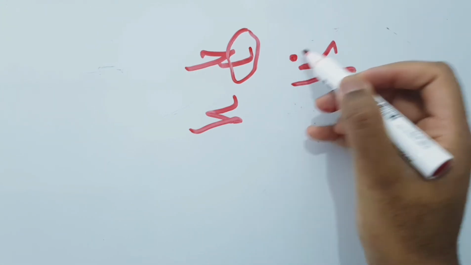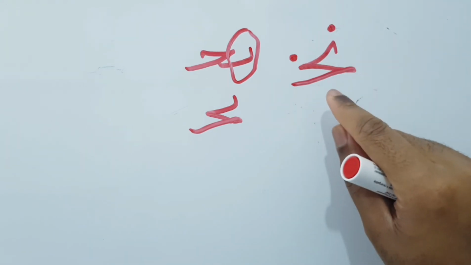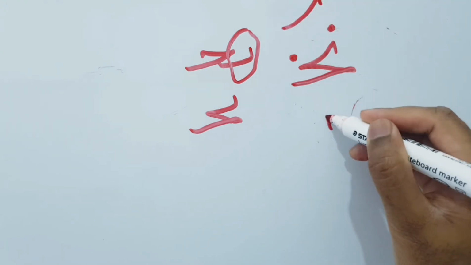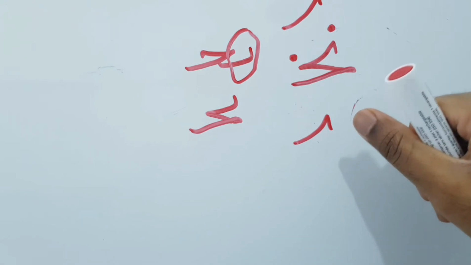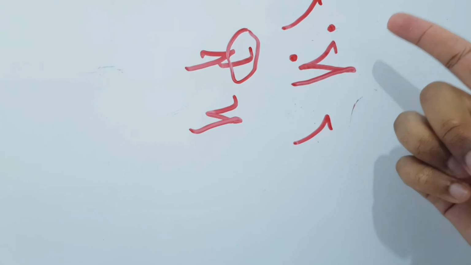The dot for kha would go here and the noon would go here. So this is noon, kha. So this is one way of writing it. This only comes with jim, ha, and kha when it's written at the beginning. Bear this in mind. طيب.